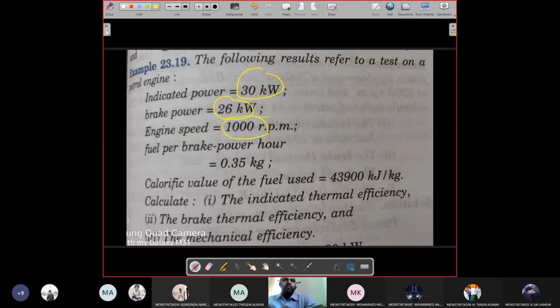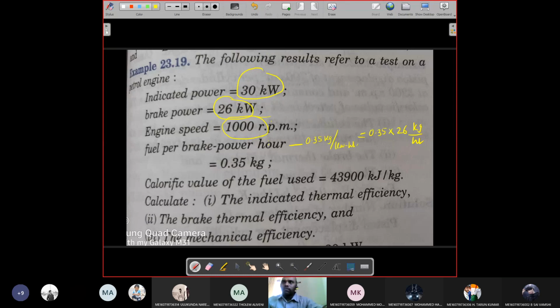Fuel per brake power hour is given, 0.35 kg per kilowatt hour. If you want only kg per hour, then this is equal to 0.35 into the brake power, 26, kg per hour. Yes or no? This is the mass of fuel.